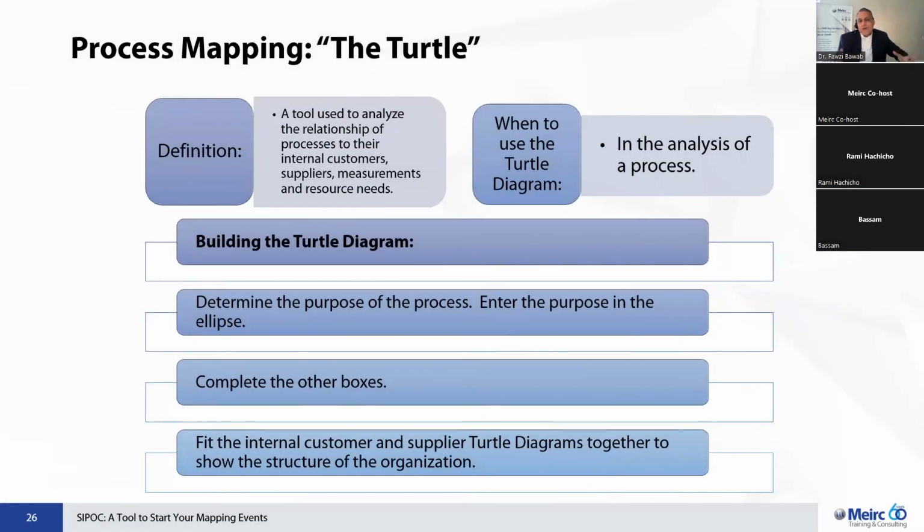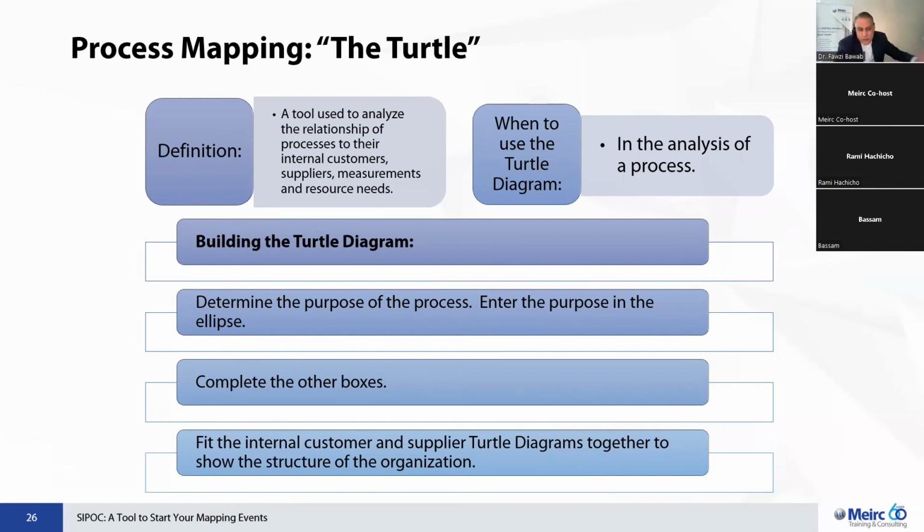So the turtle diagram, someone decided that it looks like a turtle, and they said, we can use it to understand the enablers and the relationship of our process. In addition to the SIPOC, I can do a turtle to understand the resources, the policies and procedures, the people that are doing it, and of course the measurements.